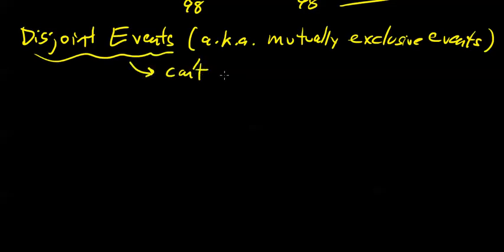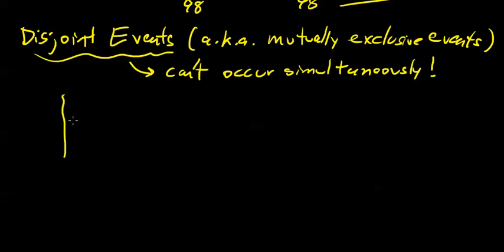Write that down. Can't occur simultaneously. Alright? And perhaps easiest to visualize with a Venn diagram.